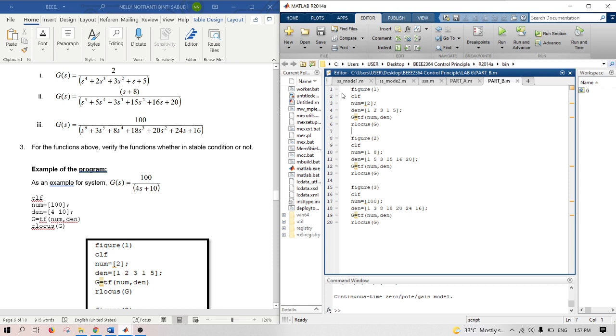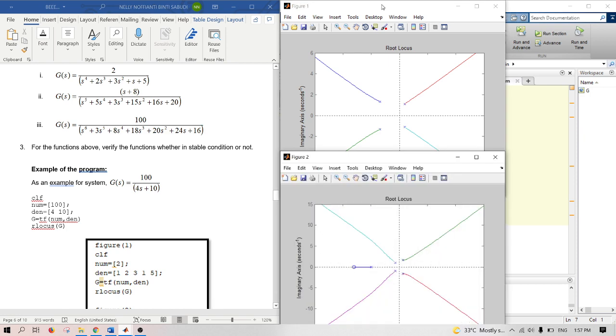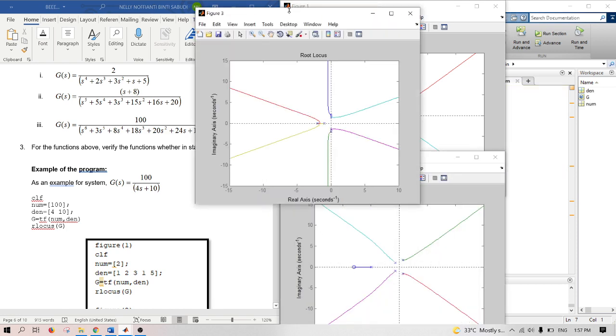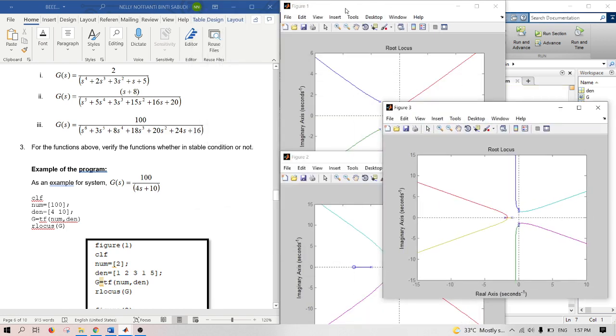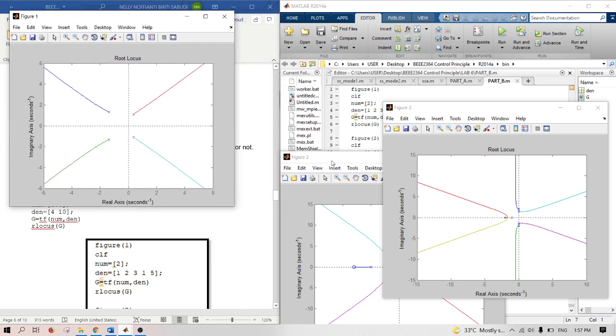And I already use figure 1, figure 2, figure 3, as I explained earlier, so that my graphs will appear at the same time. Okay, so you just need to run section. If you want to use the coding separately, you can also do that.